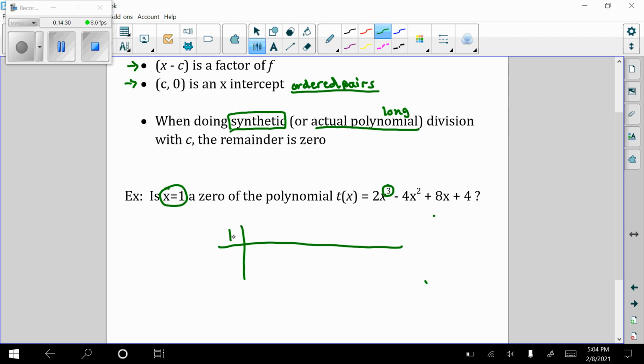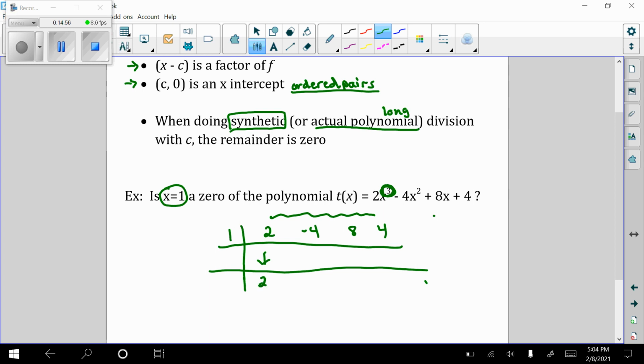You ignore your variables and just write down your coefficients: 2, -4, 8, and 4. I'm sure this will come back to you if you've forgotten it. Right here, degree 3, so always 1 more than your highest degree for the number of terms.